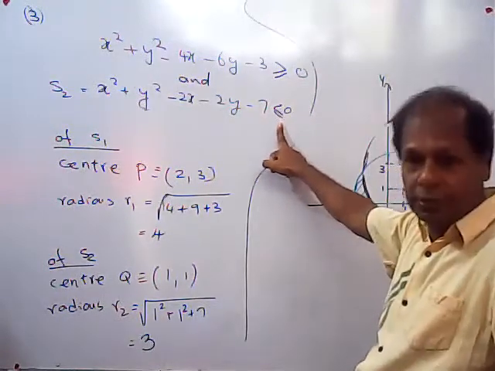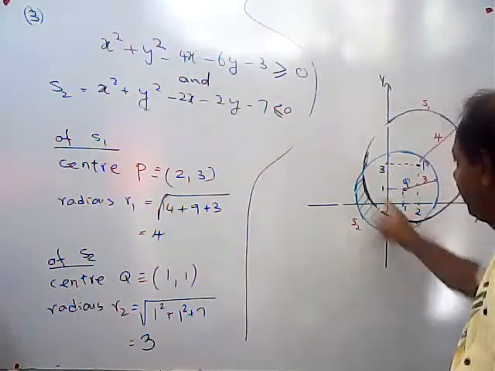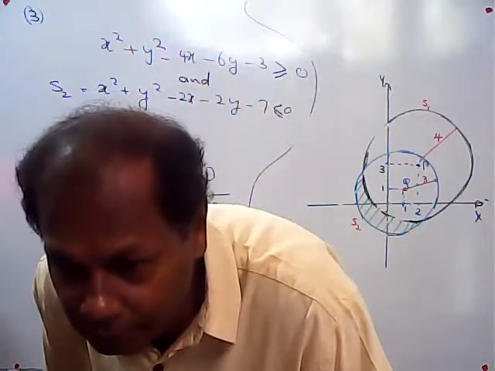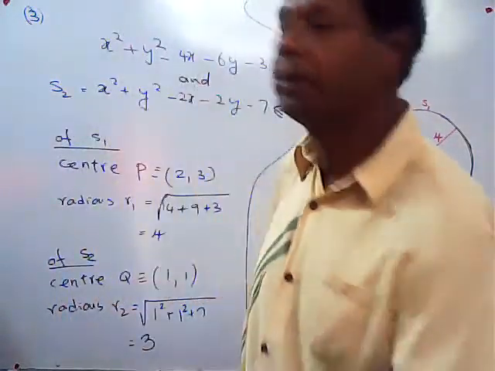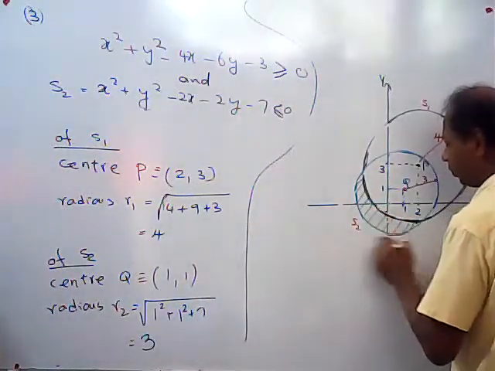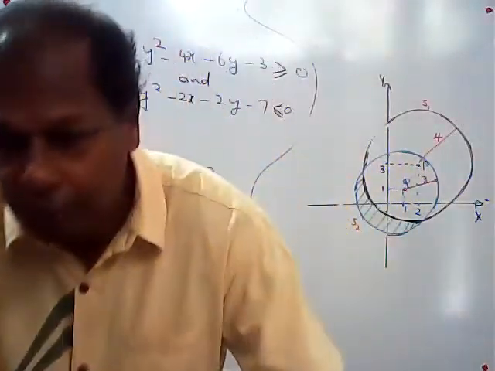So in the region we are showing, both boundaries should be included, because equal to 0 is there also.